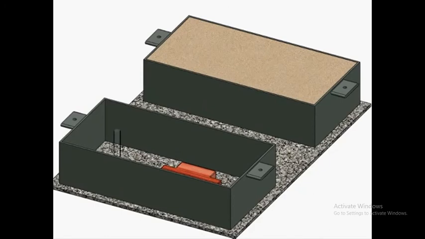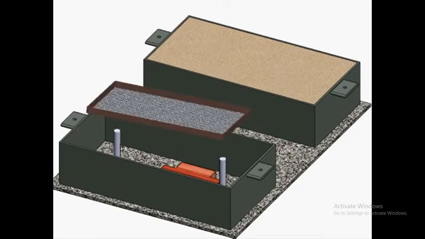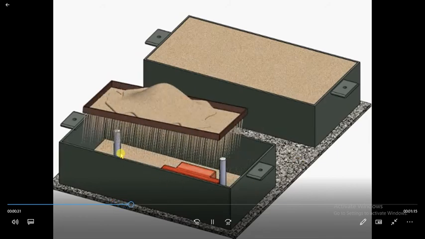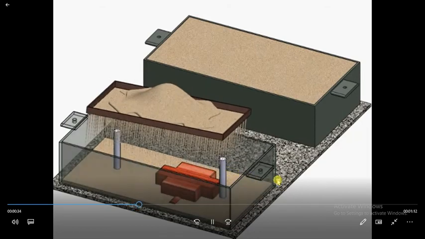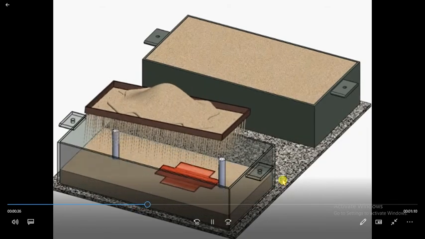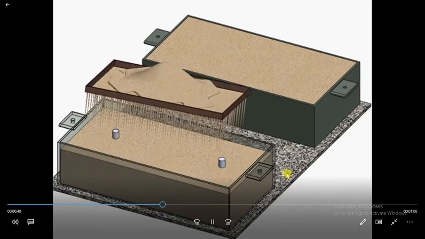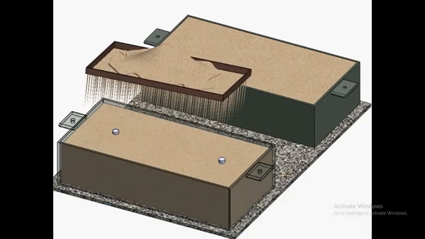Here the runner and riser are there, or you can see the sprue, sprue and riser. Ramming action is there.